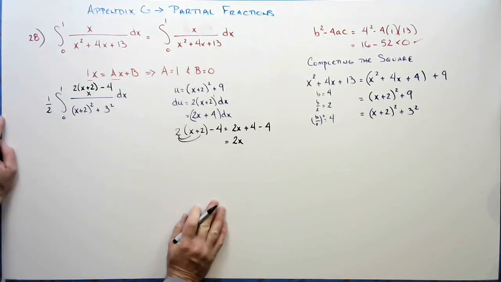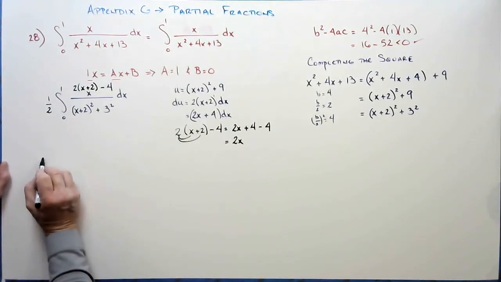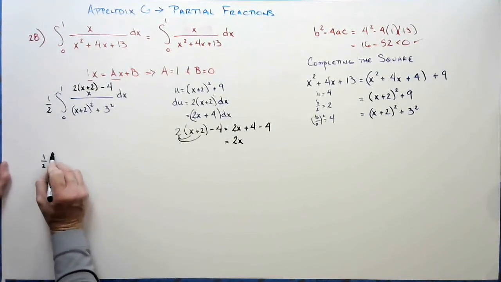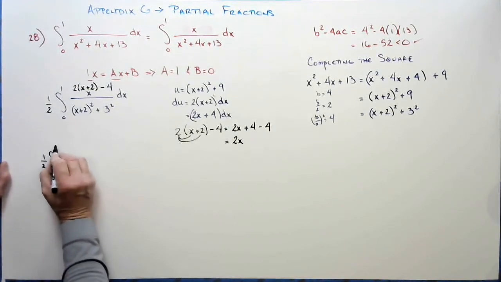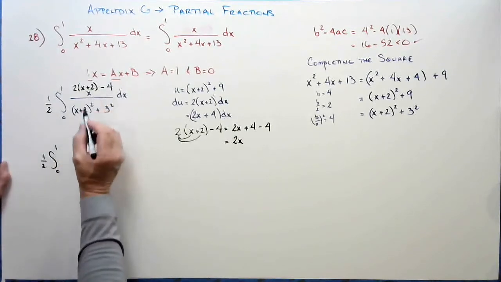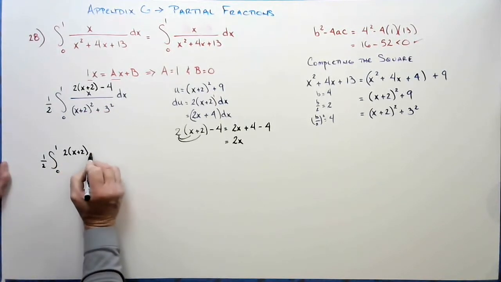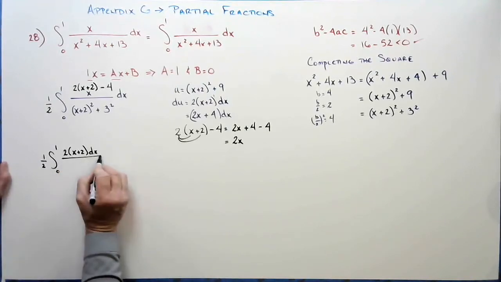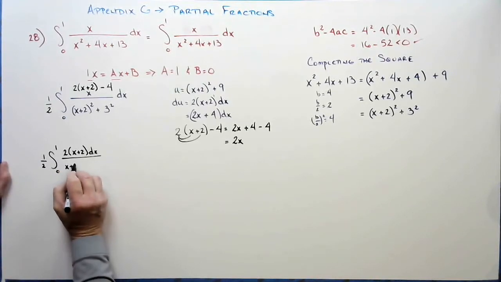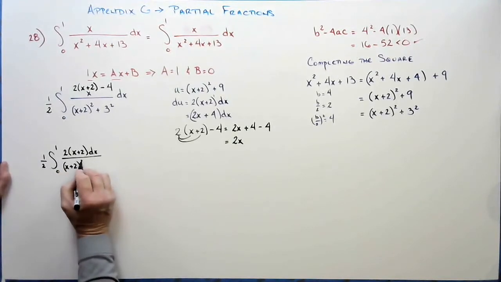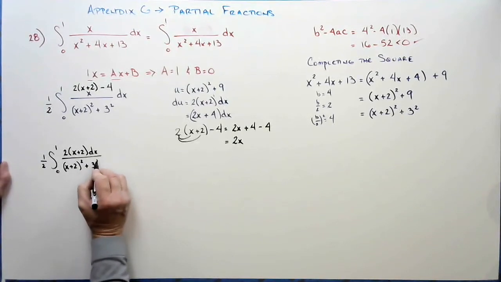That's how we do u subs. Now take a look at what we have. We have now 1/2 the integral from 0 to 1, 2 times x plus 2 dx divided by x plus 2 squared plus 3 squared.